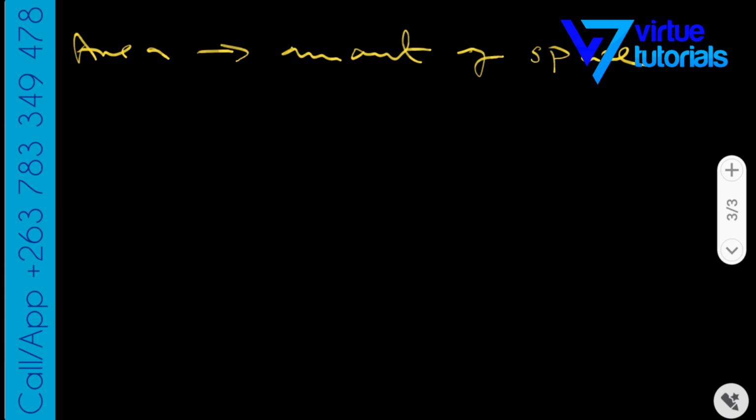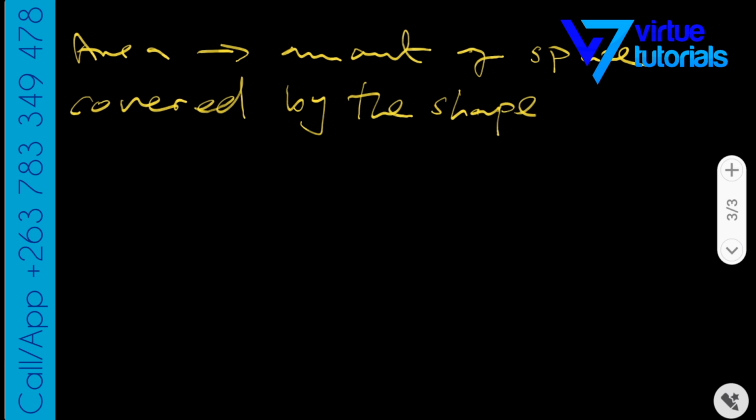The next thing is the area. The area is the amount of space covered by the shape. So you're asking, how much space is this shape taking up?